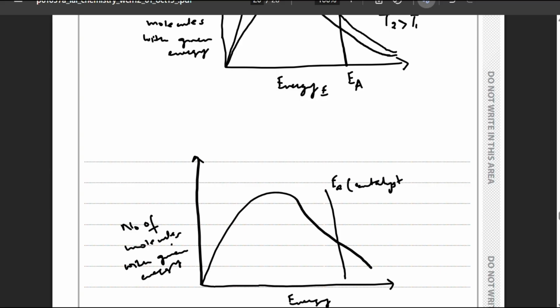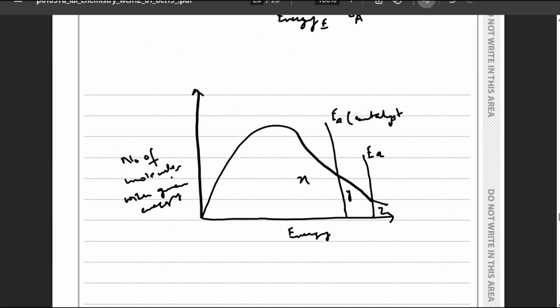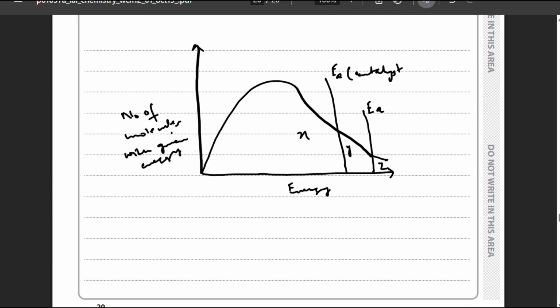So this is the activation energy with catalyst. Okay, so by adding the catalyst, more molecules have the energy which is equal to the activation energy.